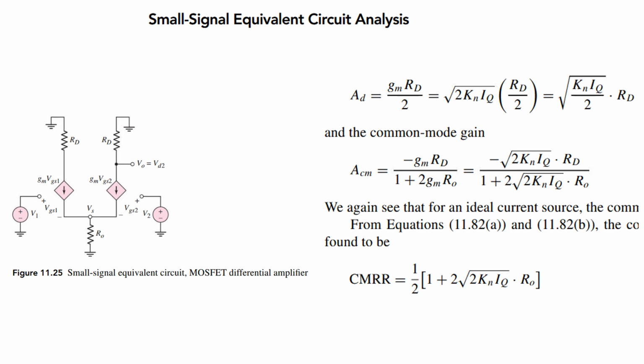RD will be as usual, and then find out the AD and ACM and the CMRR, which will be equal to half of 1 plus 2 square root of 2K IQ into R naught. If you want to derive how to find this CMRR, you can check the Neamen book as well. It may take a long time, but if you drop the comments, I may derive it.